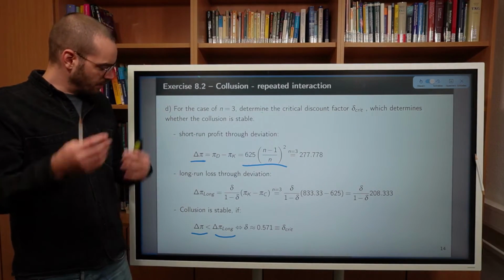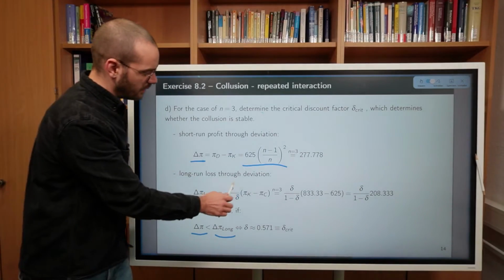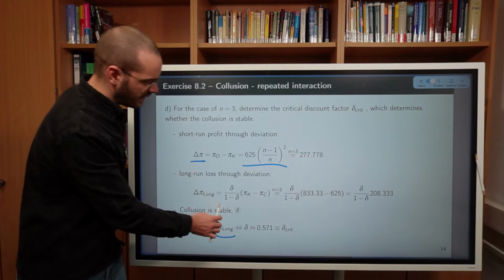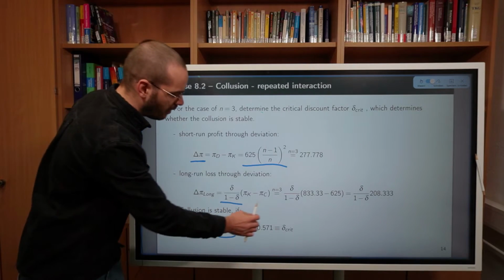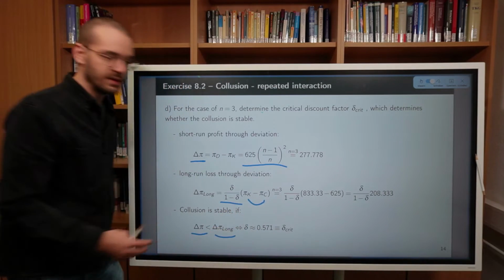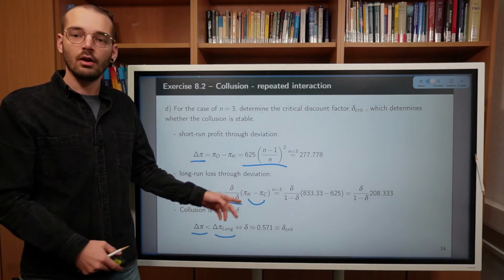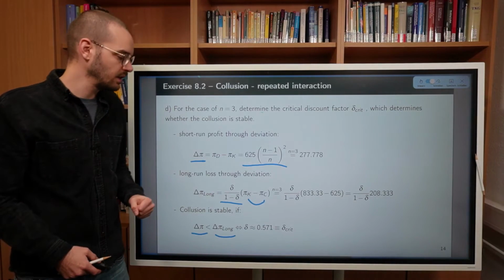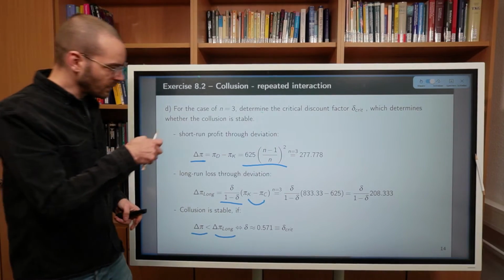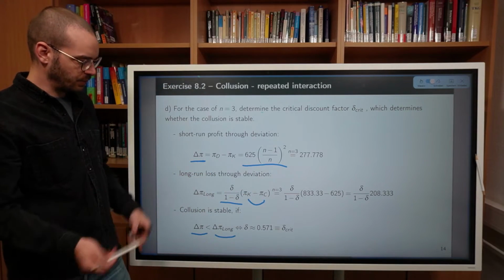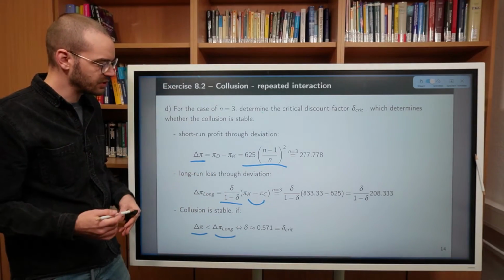Now, our point of comparison, of course, is the long-run loss in deviation. So we want to calculate the present value of this recurring loss in profits that we have by the logic of the grim trigger strategy. All right? We have, of course, stated pi k and pi c in previous exercises, so we can simply plug in the expressions for this.